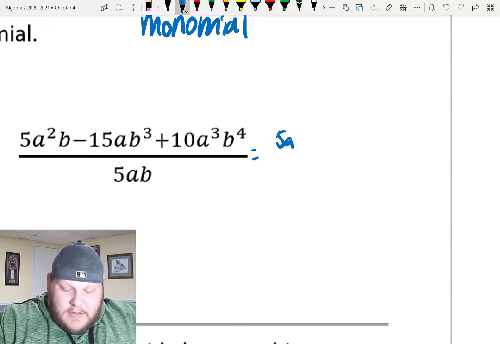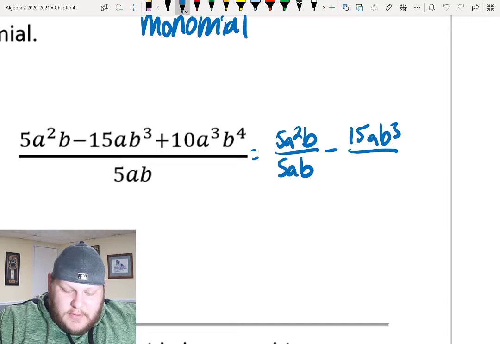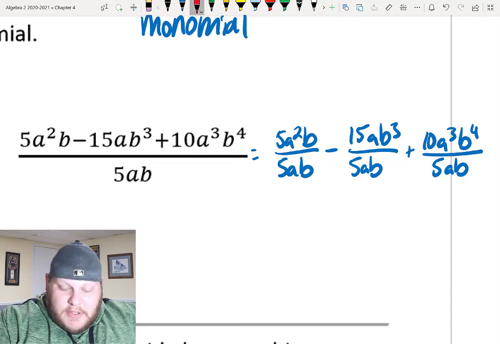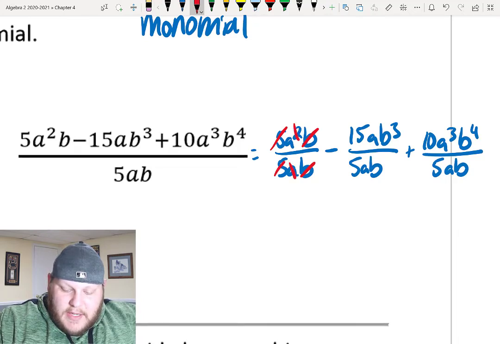So 5a squared b over 5ab minus 15ab cubed over 5ab plus 10a cubed b to the fourth all over 5ab. And then again, within each term, I'm just going to reduce where it's possible. So here my b's cancel out, my 5's cancel out. A squared over a reduces to just a for this first term.